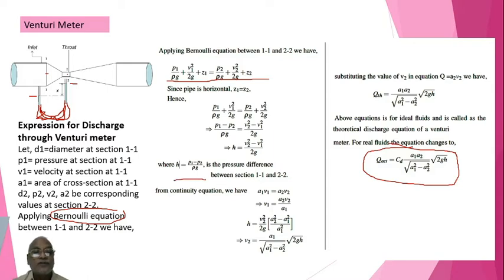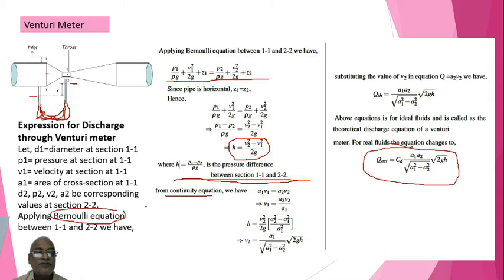So that is one important step we have done. What we know from the continuity equation is A1V1 = A2V2. Because of that, V1 can be written as A2V2/A1.